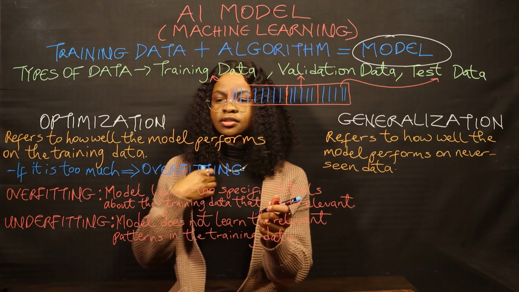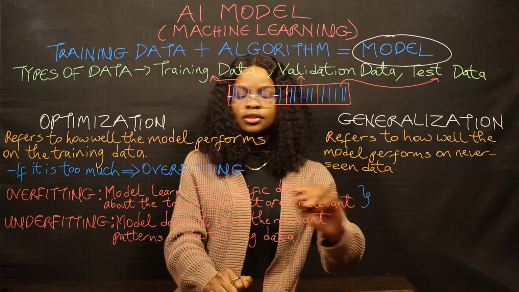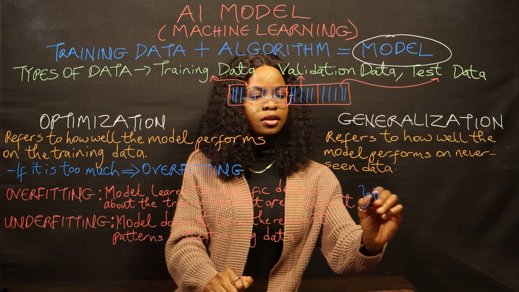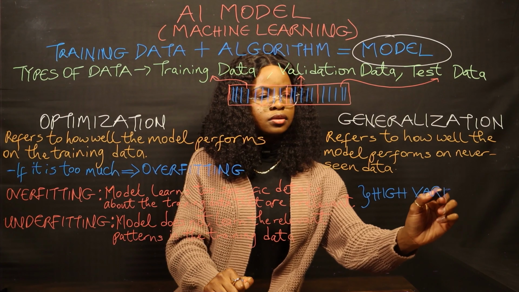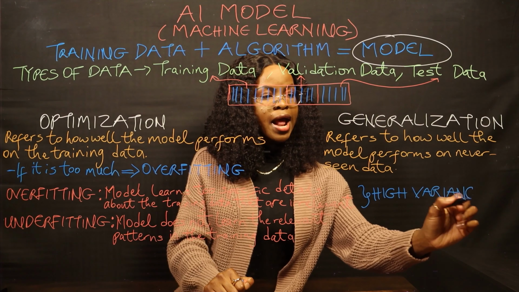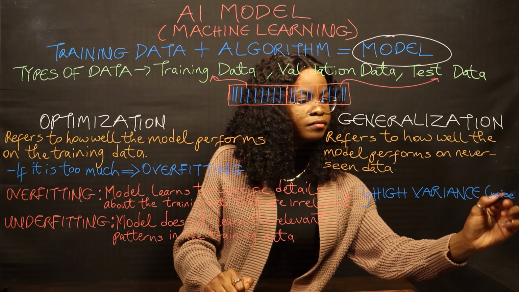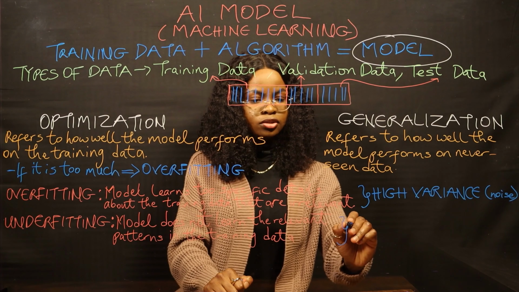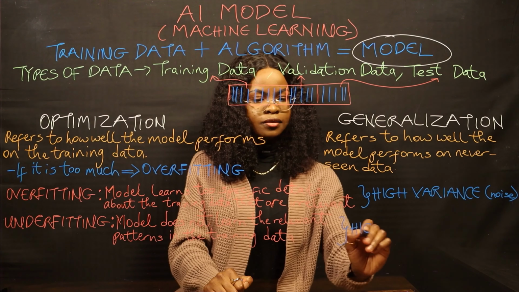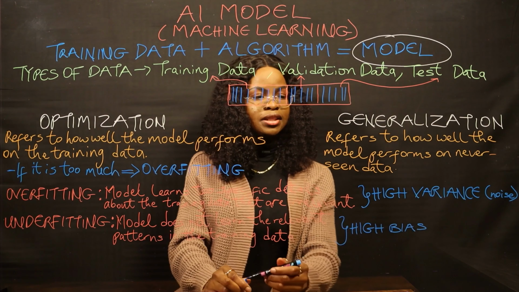So now overfitting leads to high variance. That's noise. And then underfitting leads to high bias.